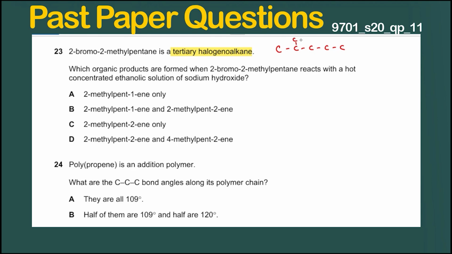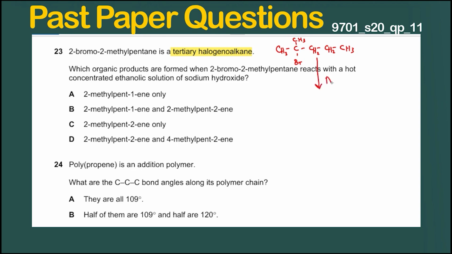There is one methyl group having CH3. Here we have CH3, here we have Br, here we have CH2, here we have CH2 and here we have CH3.